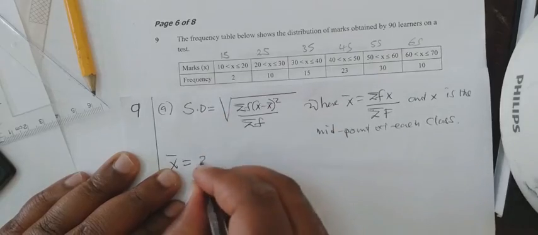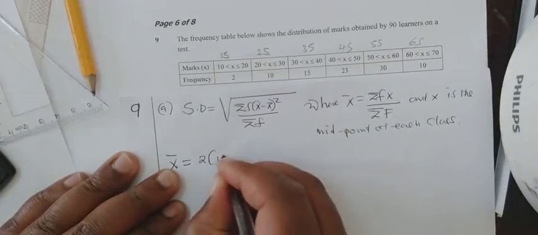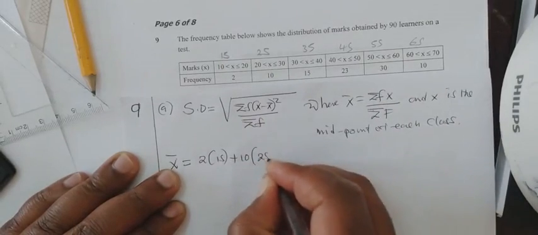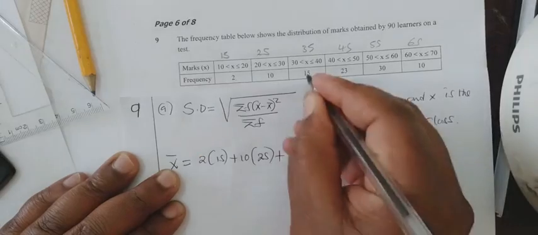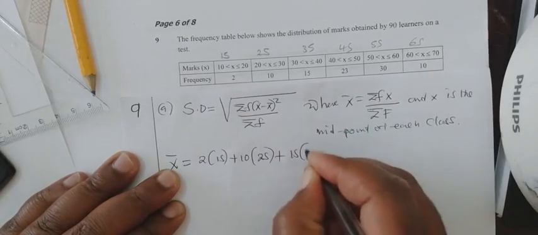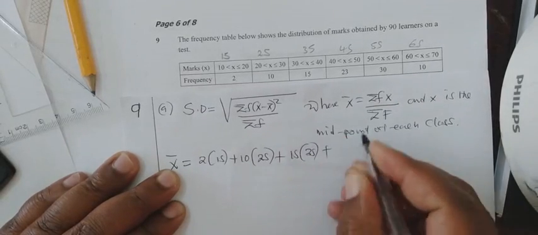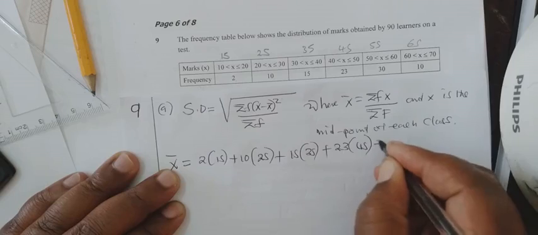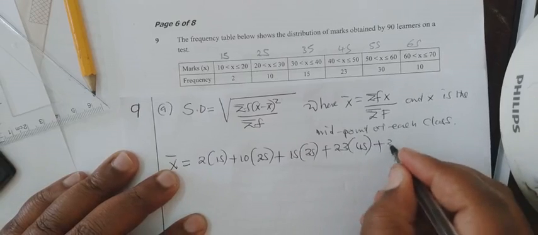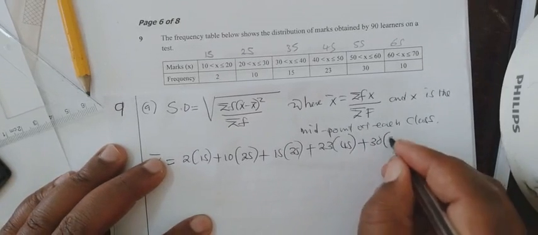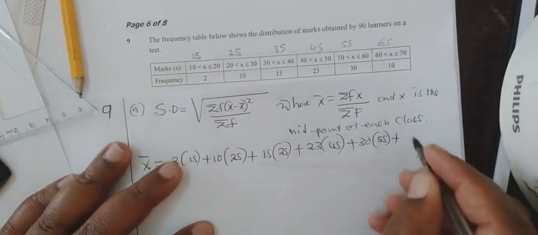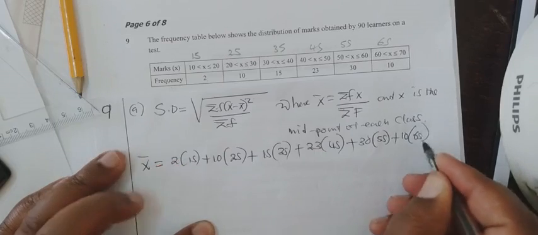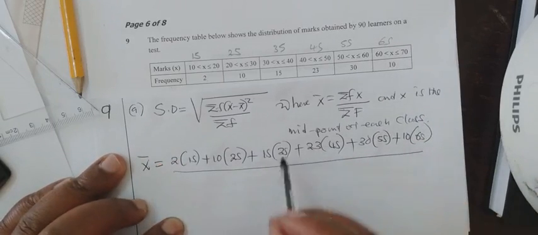So I'll say 2 times 15 plus 10 times 25 plus 15 times 35 plus 23 times 45 plus 30 times 55 plus 10 times 65. Everything here you divide by the sum of the frequencies.